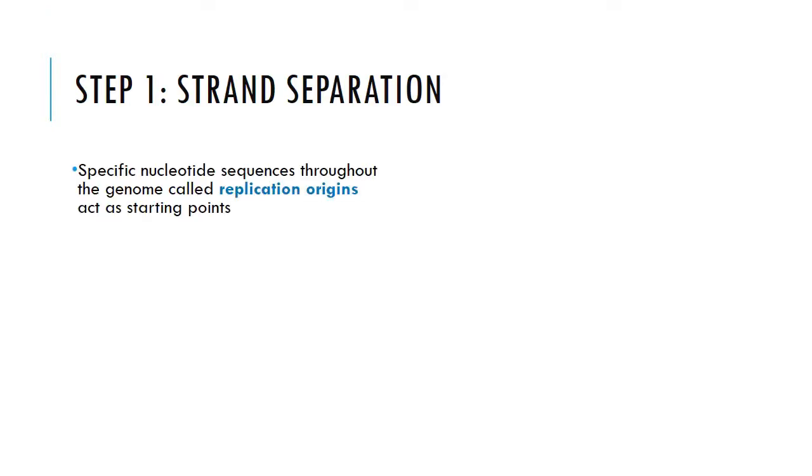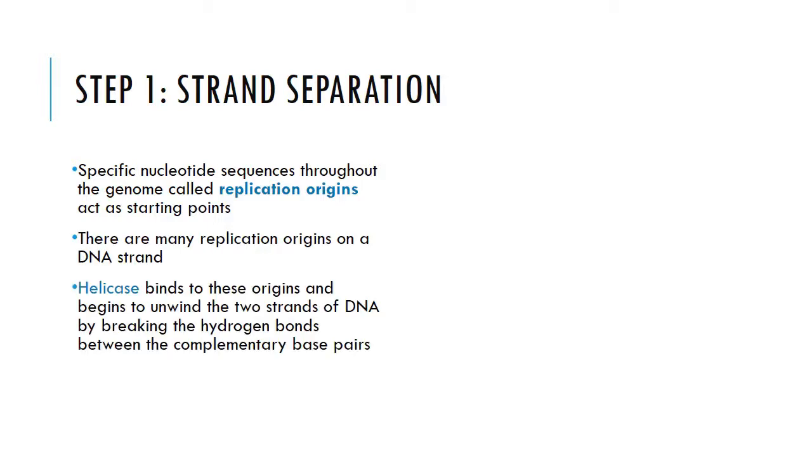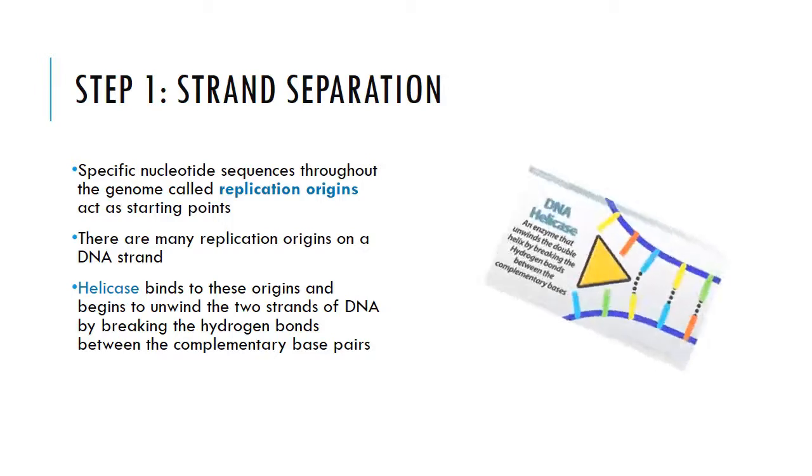So starting with strand separation, as mentioned previously, there has to be multiple origins of replication. So we've got specific points that are going to be the beginning points for replication to occur along various strands of DNA. And there's a special enzyme complex called helicase that will bind to the origins of replication. And when they bind, they will start to break the hydrogen bonds that occur between the complementary base pairs in the DNA strand.